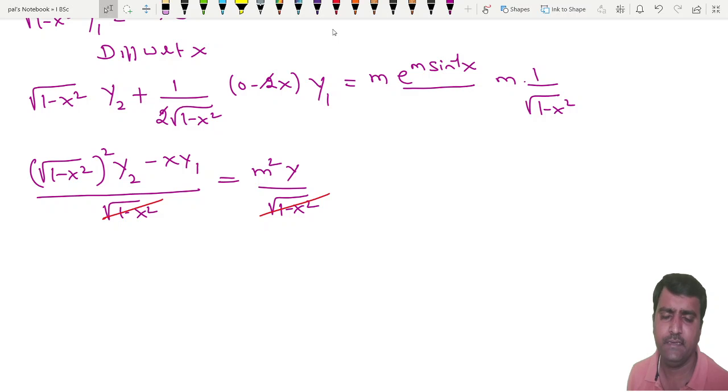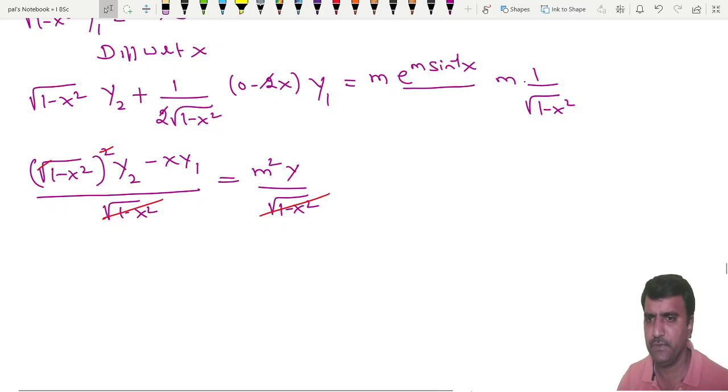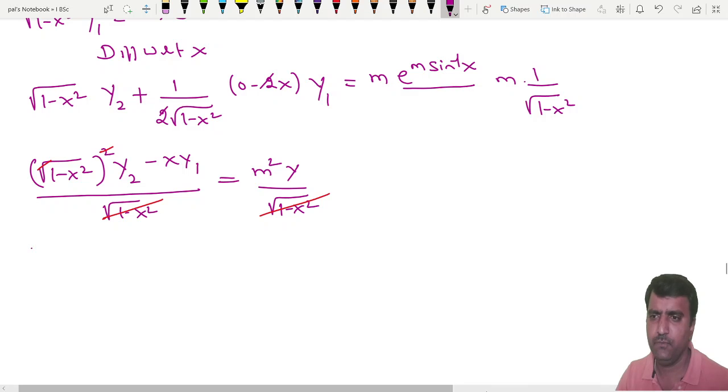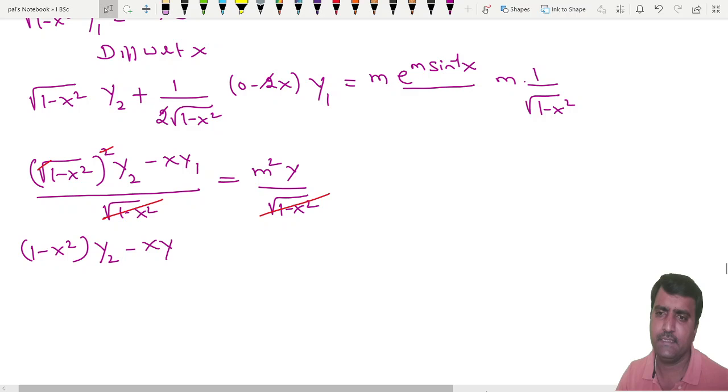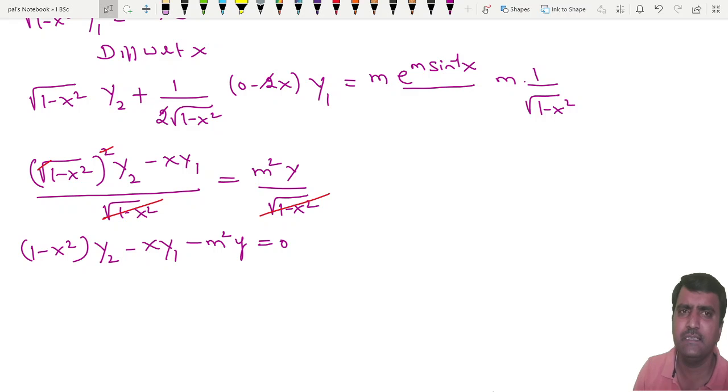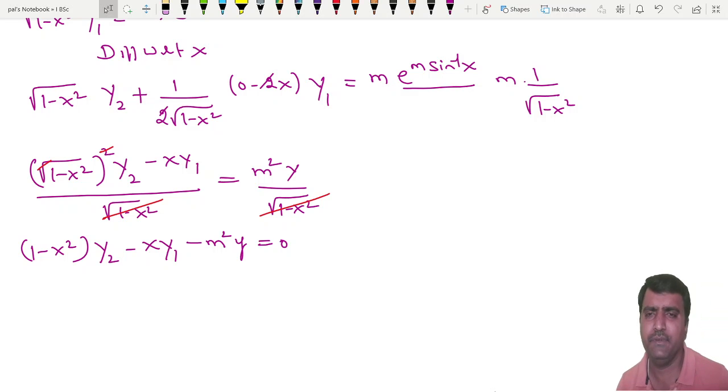And also here root and square cancel, root cancels with the square. Okay, so now you write the remaining terms. It is 1 minus x square into y2, minus x y1, minus m square y is equal to 0. So usually this term is very similar to the previous problems.